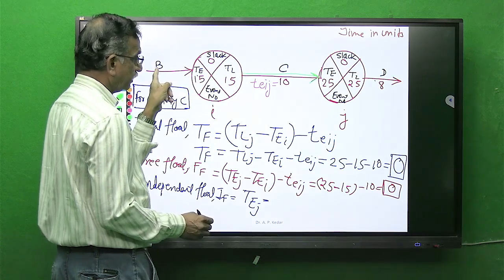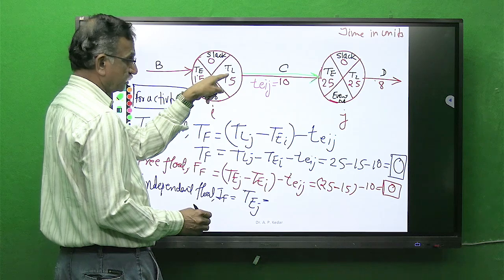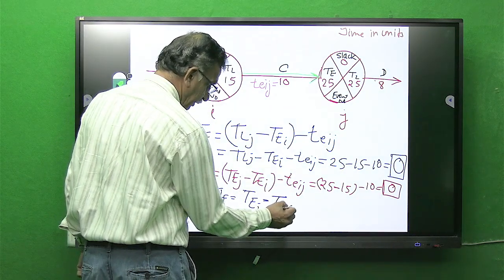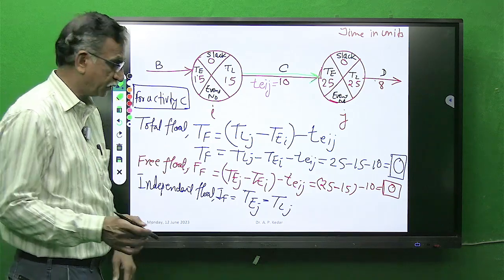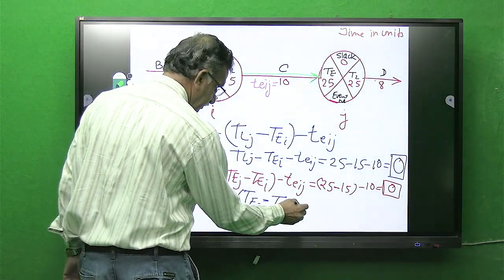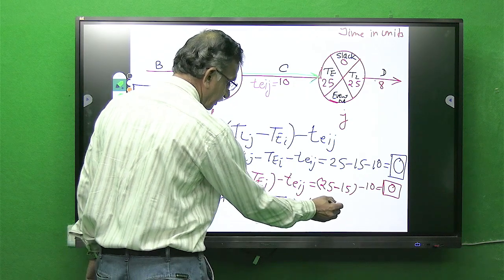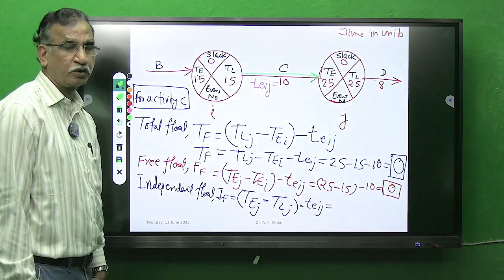This is the predecessor, latest finish of B is this corner T L I, this is the gap available, minus T E I J will give you what?